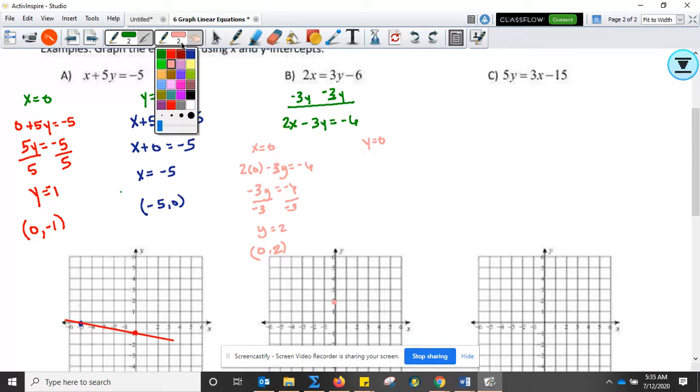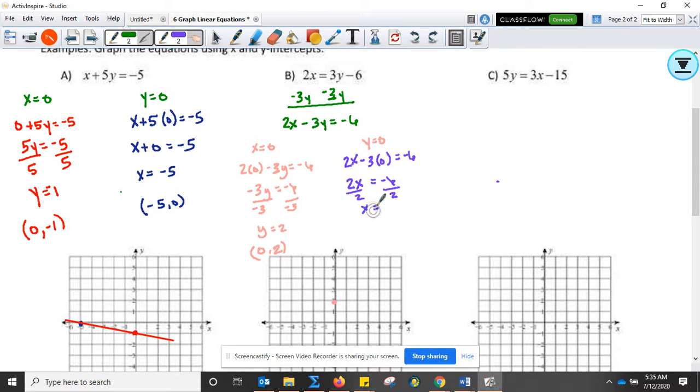Now for my x-intercept, plug in 0 for y. So I have 2x minus 3 times 0 equals negative 6. So 2x, that goes away, equals negative 6. Divide by 2, x equals negative 3.